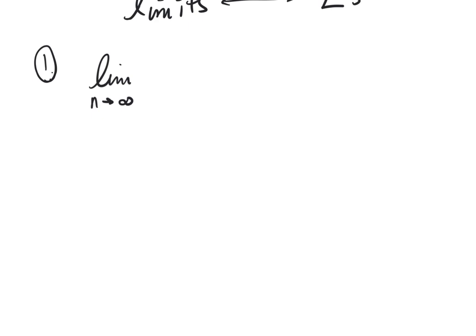Just kind of put that in your head. We have an infinite limit. Now, what we're taking the limit of is going to look very strange, but over the next few days, you'll get used to it. It's 1 over n times the summation from i equals 1 to n of the constant 1.